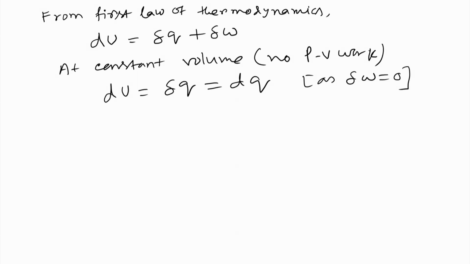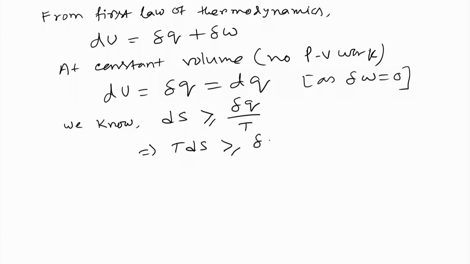Now, in previous class we discussed Clausius inequality, and we know dS is greater than or equal to del Q by T. Okay. So, it says T dS is greater than or equal to del Q. So, we can write dU is less than or equal to T dS, okay.